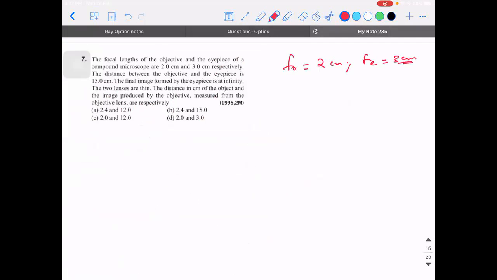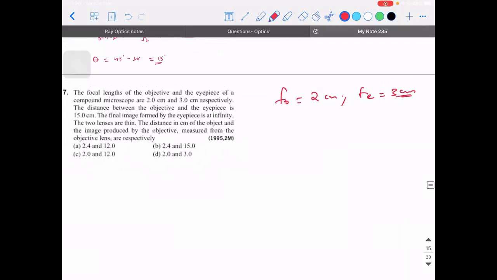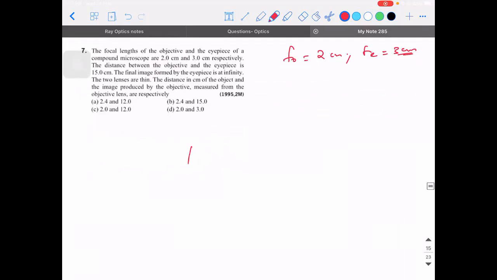The distance between the objective and the eyepiece is how much? So let's better draw a diagram. The focal length of the eyepiece, obviously smaller. It's a microscope, right? And whatever problems are given in JEE, now you can consider them as your CBSE.